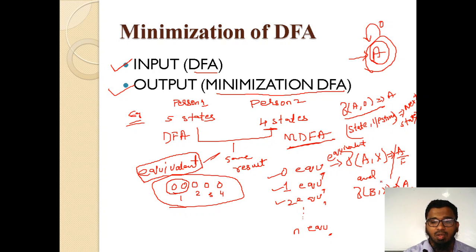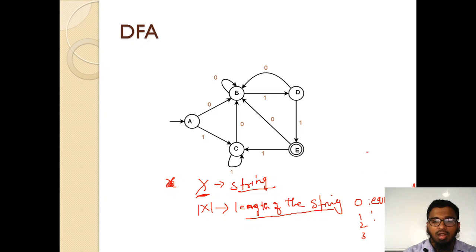A and B are equivalent. Or delta(a, x) does not belong to the final state, and delta(b, x) does not belong to the final state. That is also equivalent. If some state is going to the final state and some state is not, but both are going to the same destination, then it will be a minimization equivalent. We did this in the last class with this example.